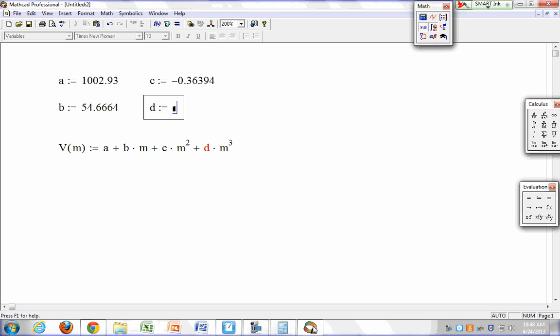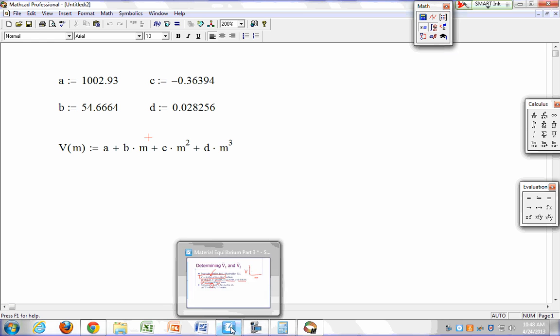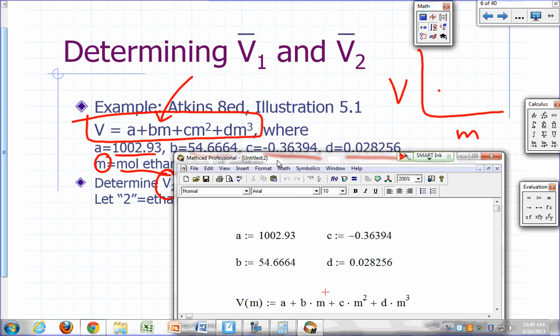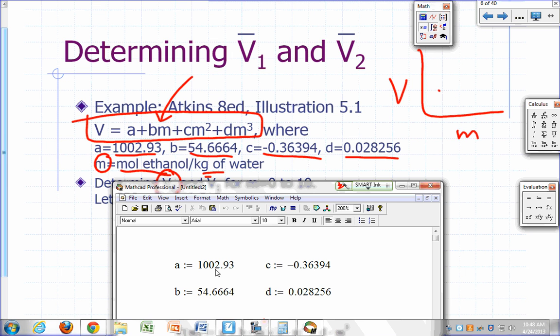Okay, let me just make sure I have that right. A is 1002.93, B is 54.6664, C is negative 0.36394, and D is 0.028256. All right, I got that.